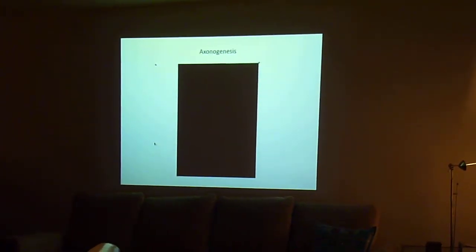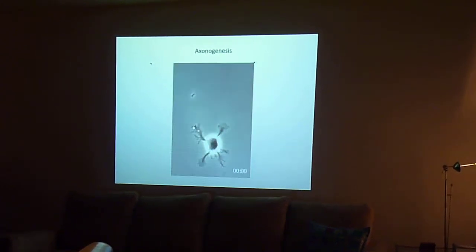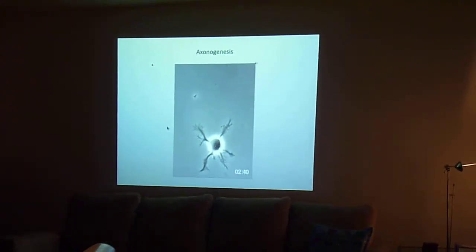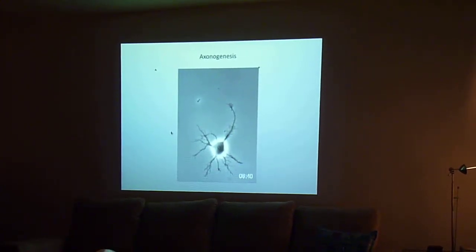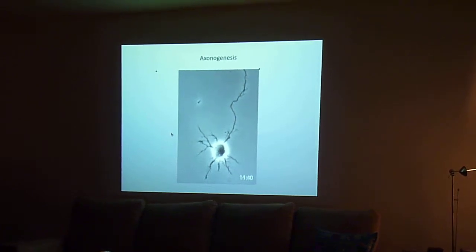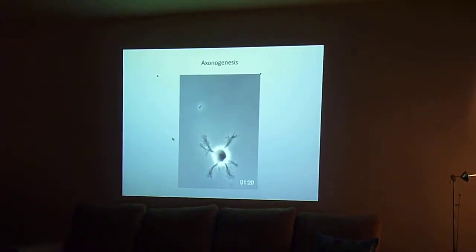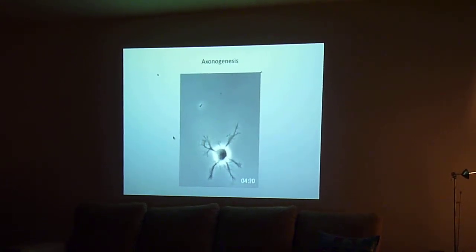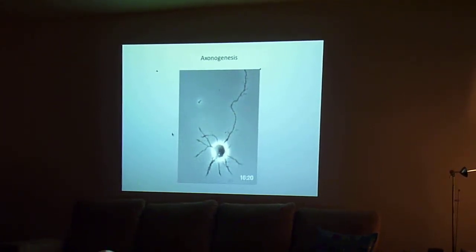So just to give you some idea about how researchers understand some of these problems about nerve cells, and to add some life to that previous image, this is a time-lapse video of a rat brain cell developing in a culture dish.